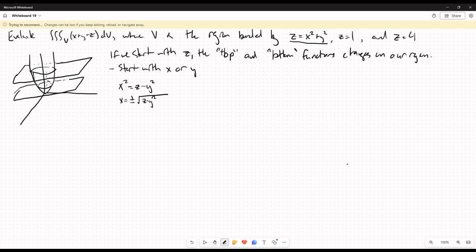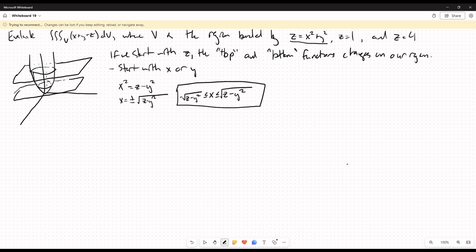And we can tell that this means that x is between negative square root of z minus y squared and positive square root of z minus y squared. Okay. So we started by solving for x. So there's our top minus bottom.